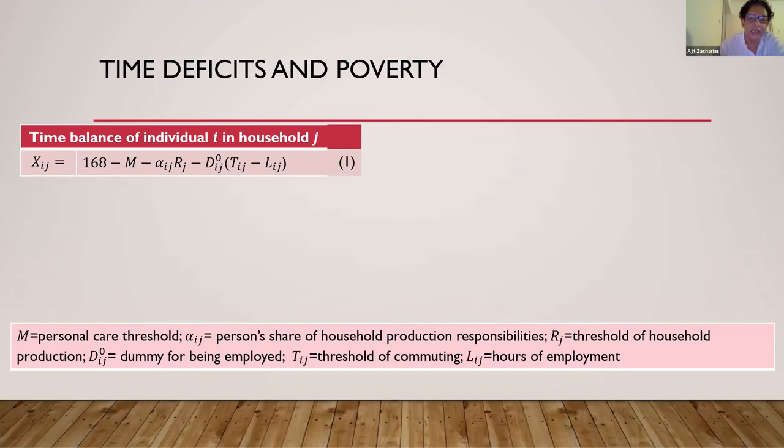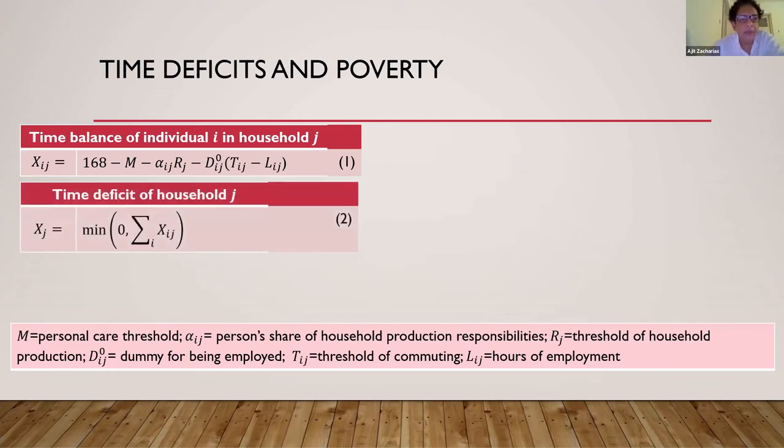I'm sorry about that, that's a typo. It's not a subtraction sign, it should be an addition: Tij plus Lij. That's the total time that you spend on employment, the actual hours of employment plus the threshold hours of commuting. So taking out of 168 hours these components gives us the time balance of the individual.